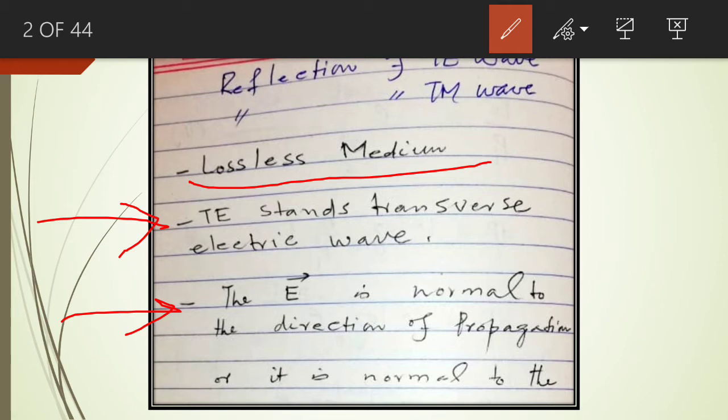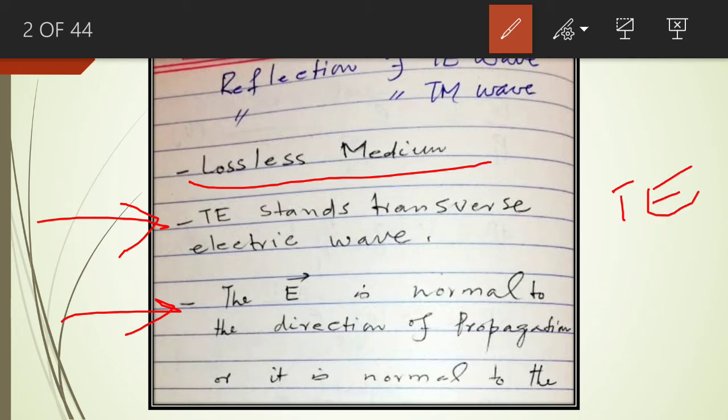TE stands for transverse electric wave, and if the electric field intensity is normal to the direction of the propagation of the wave, or it is normal to the plane of propagation, then this wave is known as transverse electric wave, which is represented by TE.